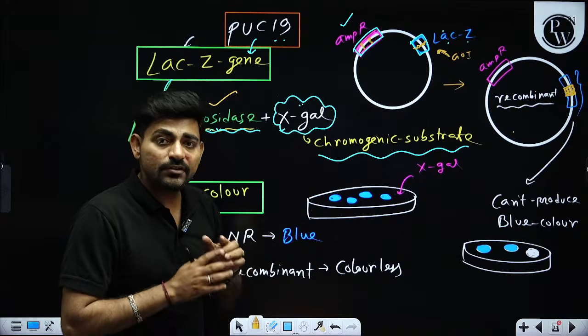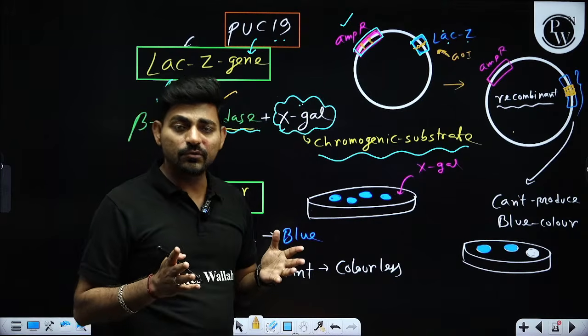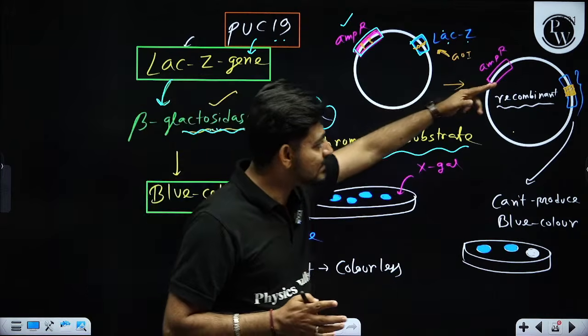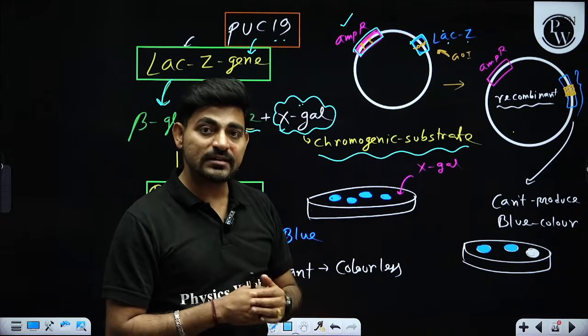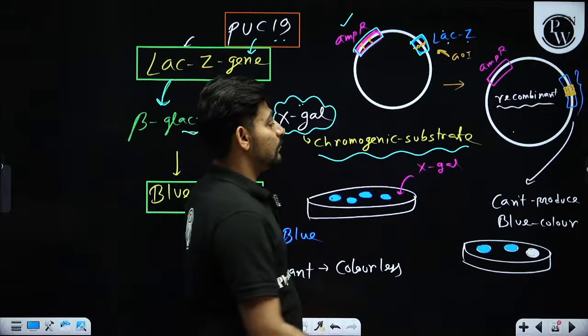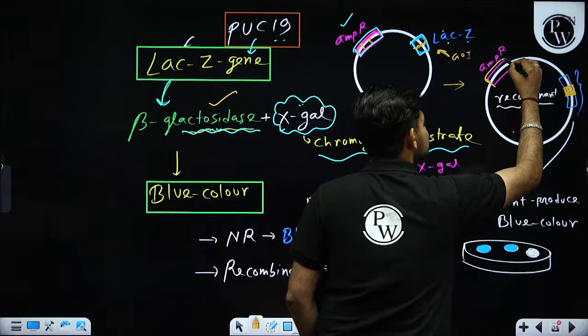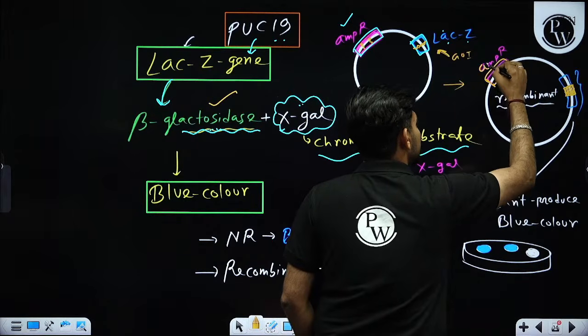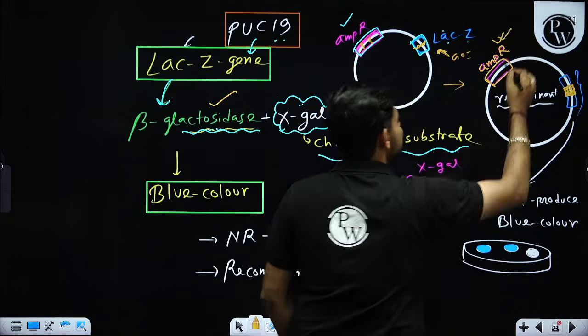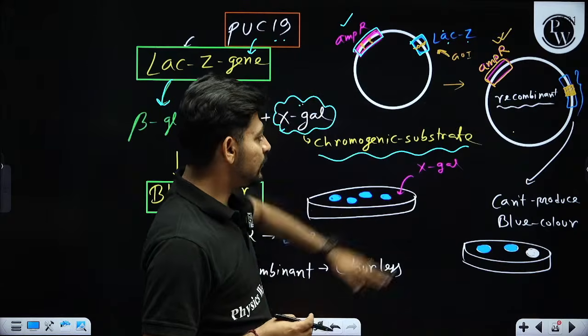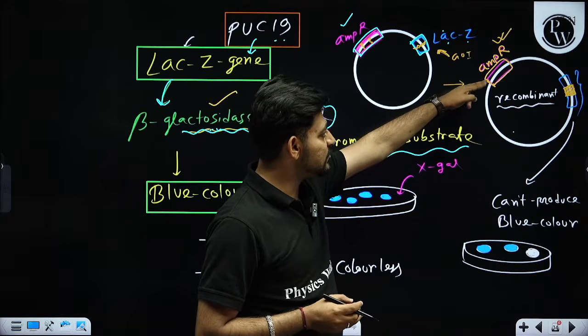So there will be no production of blue color, because lacZ is already split by the gene of interest, but you have this ampicillin resistant gene already intact, unsplit, at the other end of this plasmid.